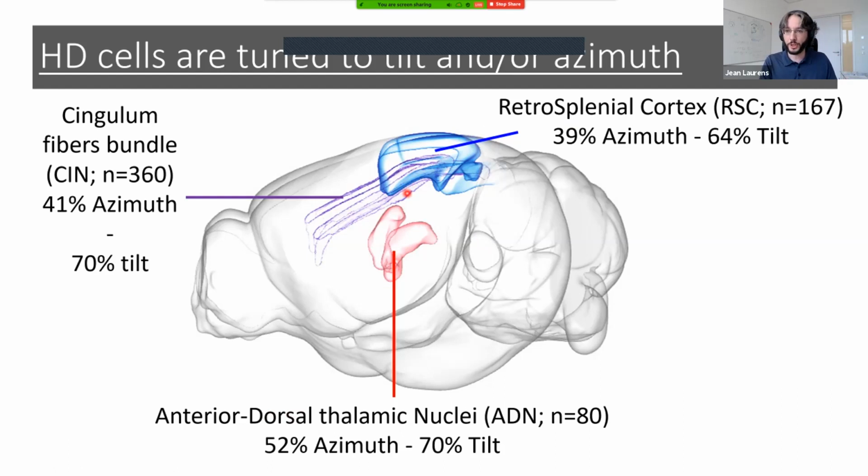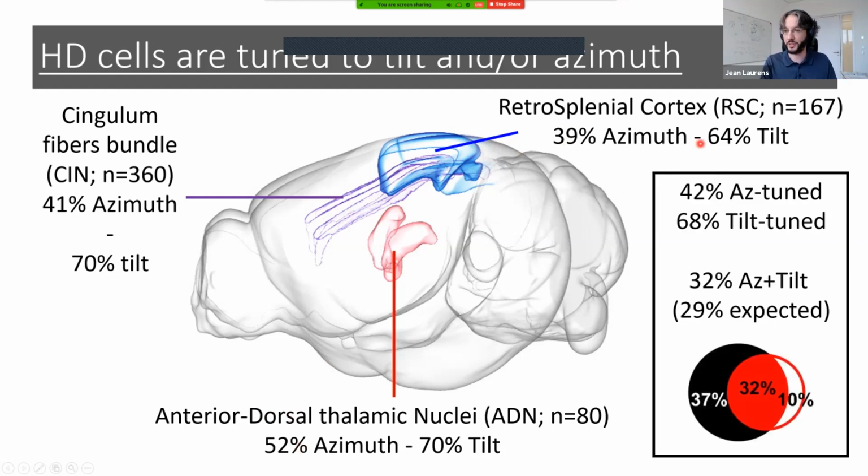Now, in all of these regions, we found about the same thing, between 40 and 50% of azimuth-tuned cells, and about 60 to 70% of tilt-tuned cells. Interestingly, if a cell has 42% chance to be tuned to azimuth and 68% to tilt, and if these two tunings are distributed independently from one another, then you would expect 42% times 68% equals 29% of cells that encode both azimuth and tilt, and this is exactly what we found.